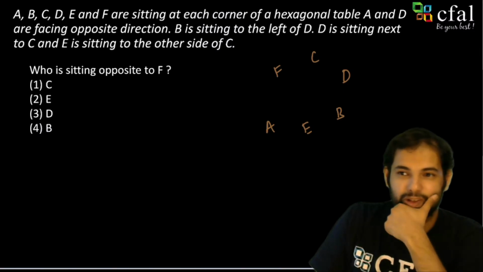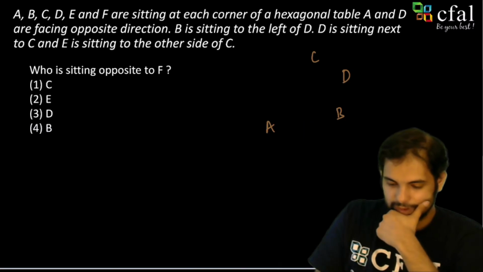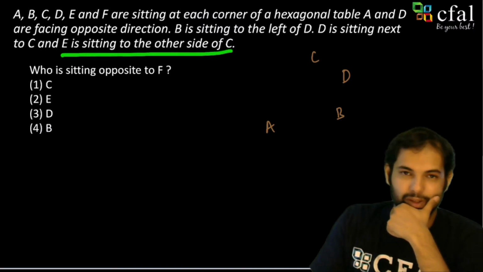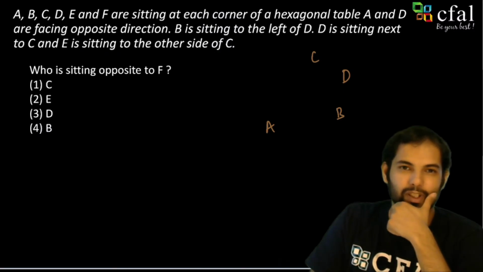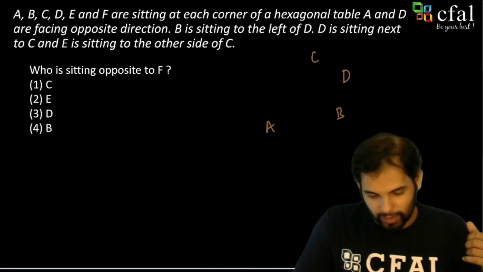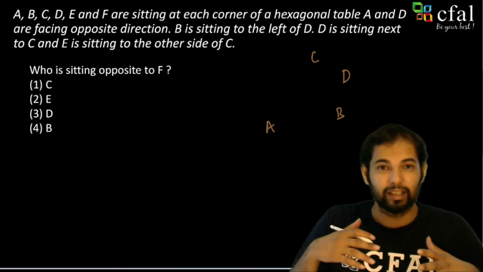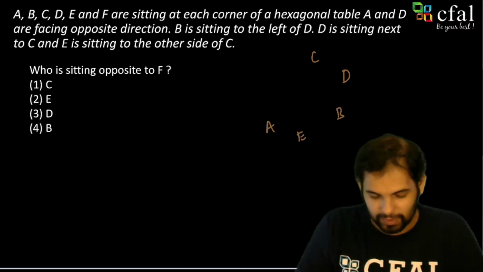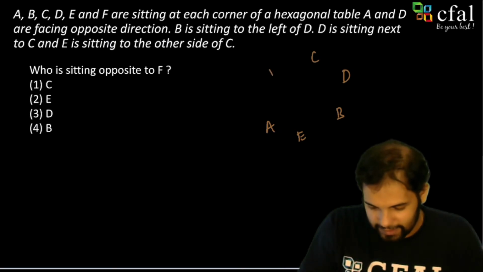In this case, E is opposite to C. Okay. So the whole confusion is this statement: E is sitting to the other side of C. What somebody suggested is other side; he thought on the opposite side. And what we had assumed is other side is E.